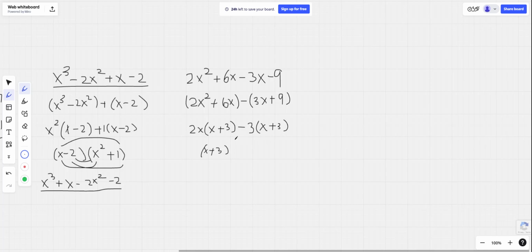And now how many copies do we have of x plus 3? Well, we have 2x there, and we have negative 3 copies here. Watch out very carefully for the negatives. You should always FOIL it out to check your work if you're unsure. I won't FOIL this out for time, but just know you always want to look out for negatives.